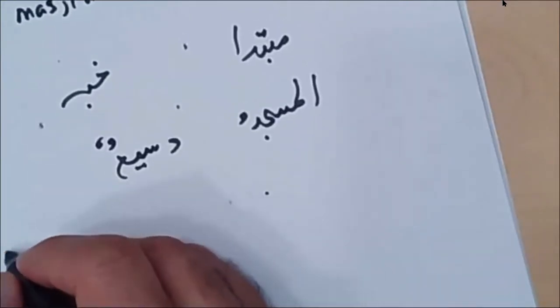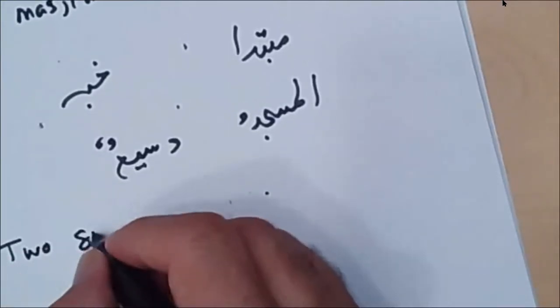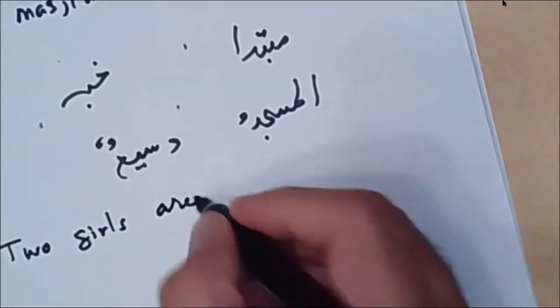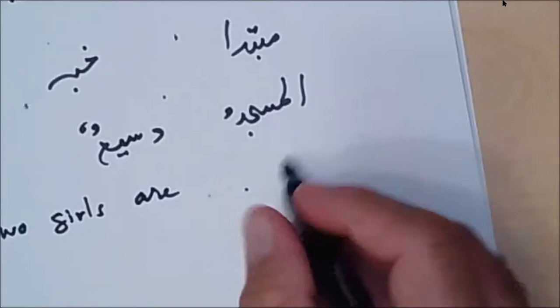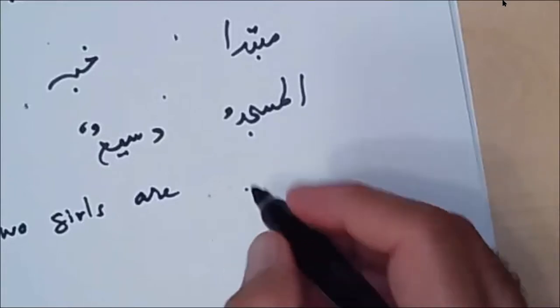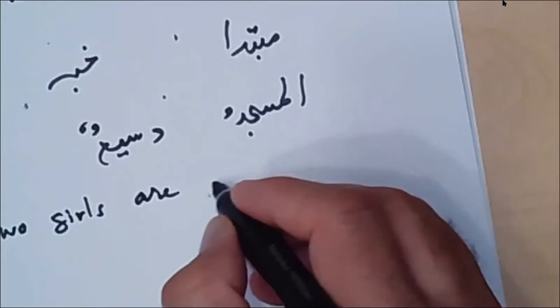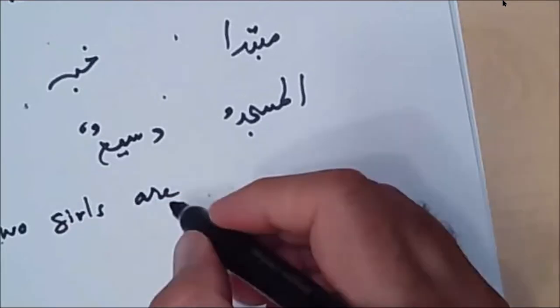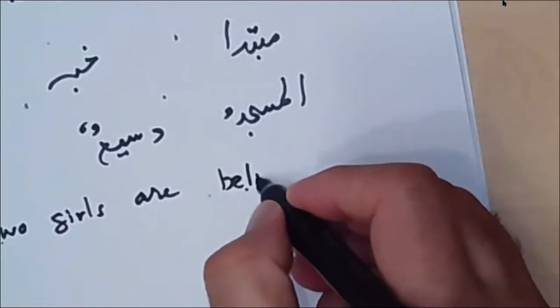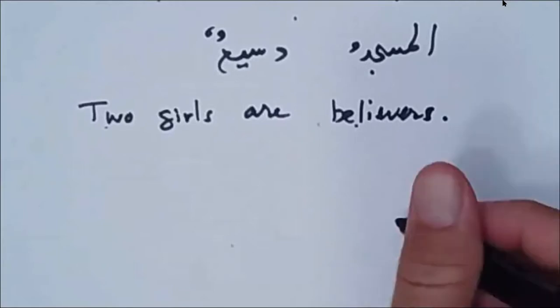Okay, so let's talk about another one. Two girls are believers. Okay. So what is the mubtada here?